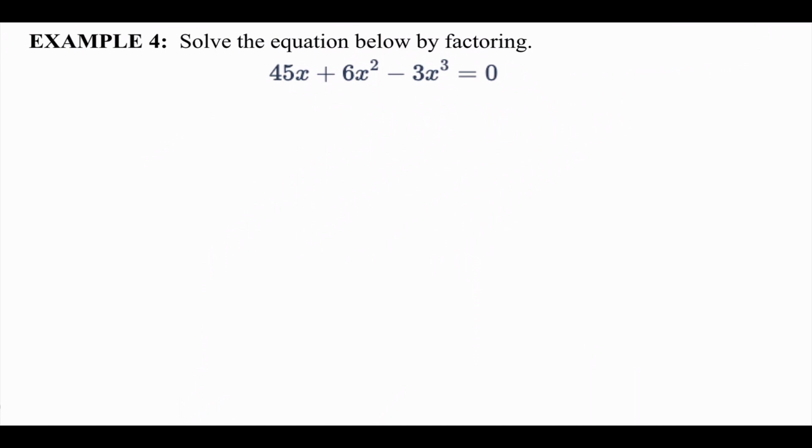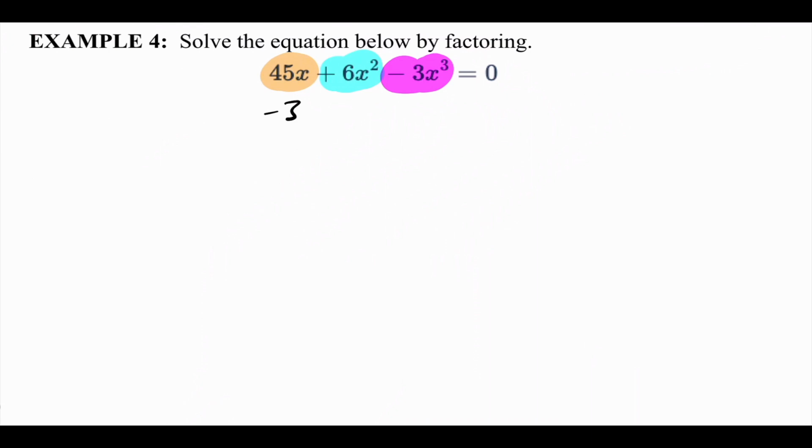Okay, solve. Again, solve. So first step, set it equal to 0. Done. Second step, descending order. Just like I did last time, this time the purple is going to go first.